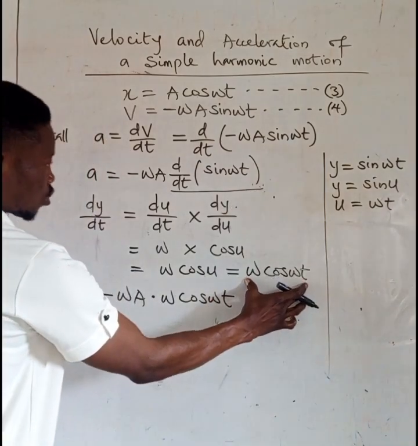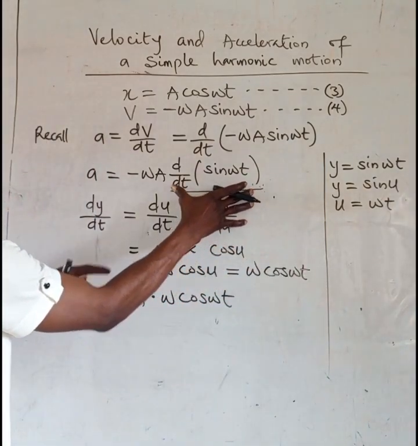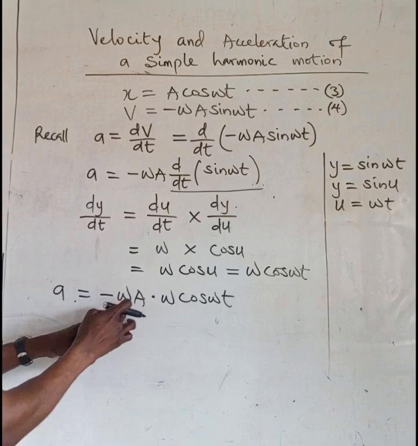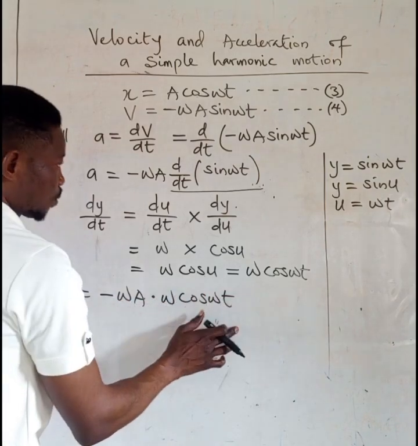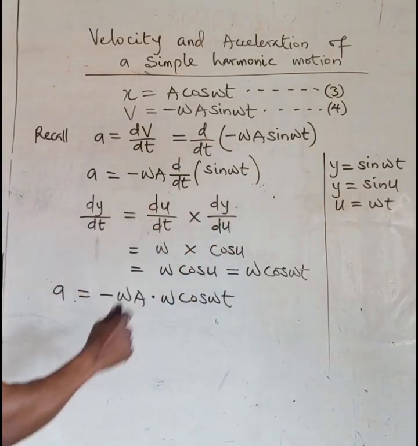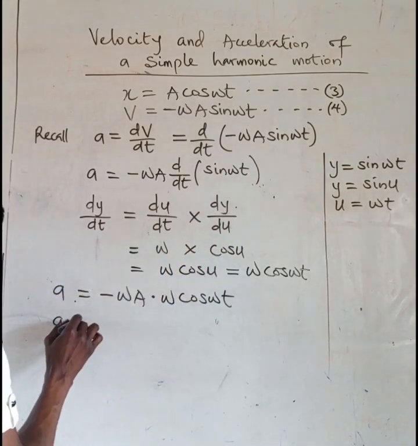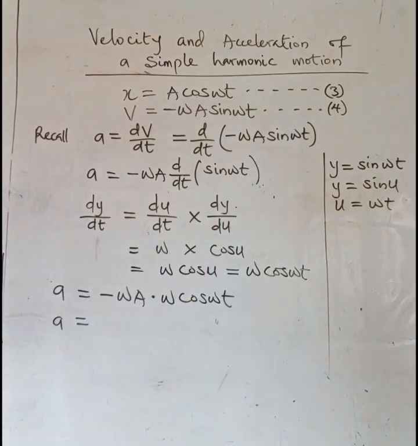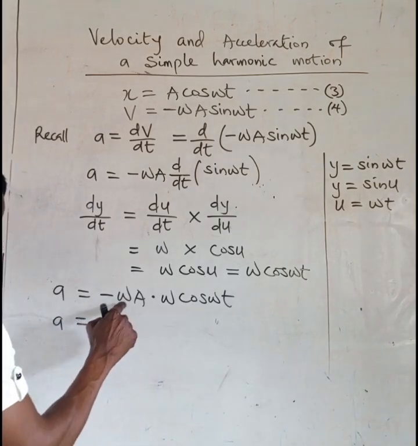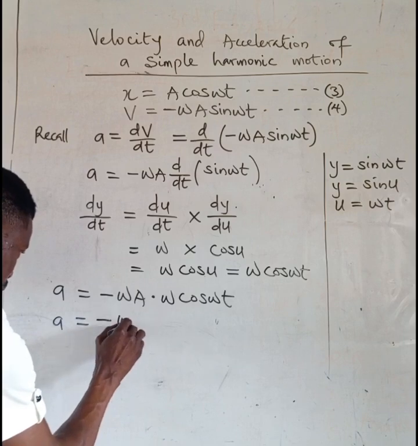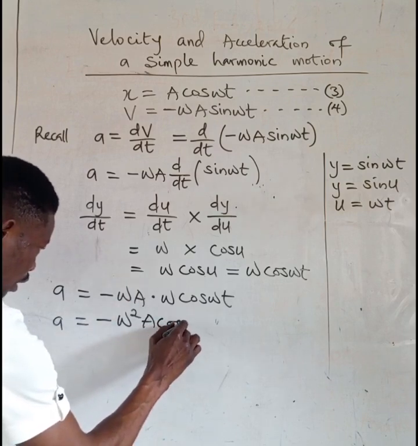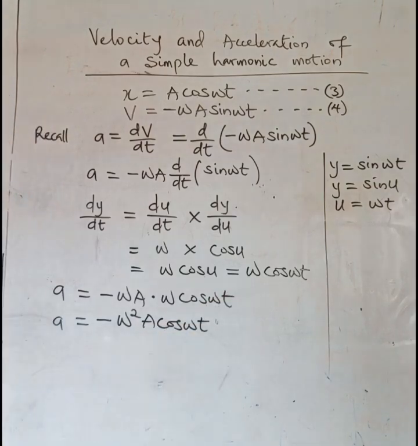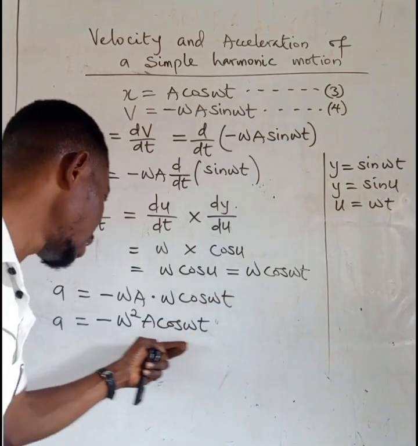If we do that, A, the acceleration of the simple harmonic oscillator, is equal to negative, when we multiply omega by omega, we get omega squared times A cosine omega t. This gives us an equation for acceleration.